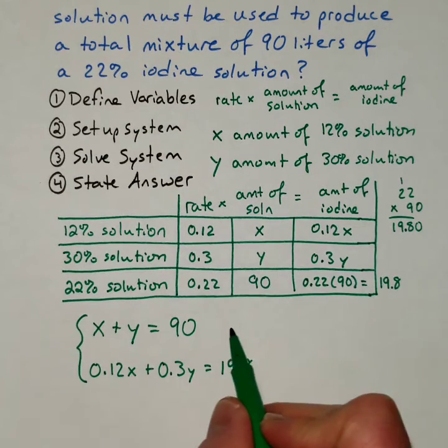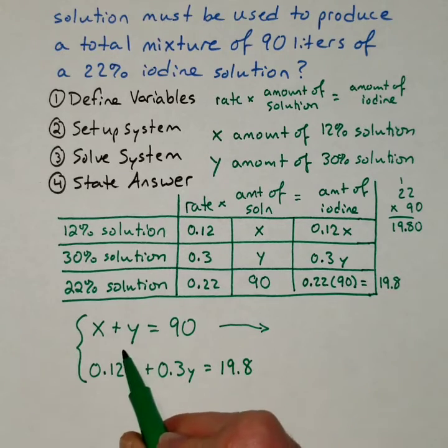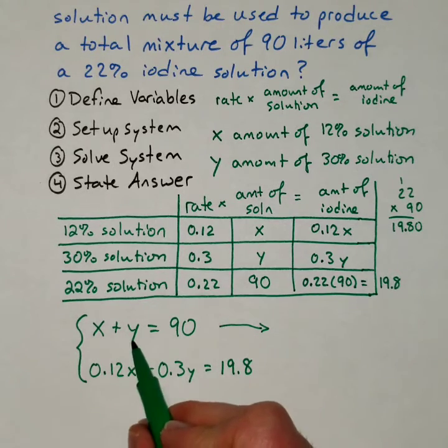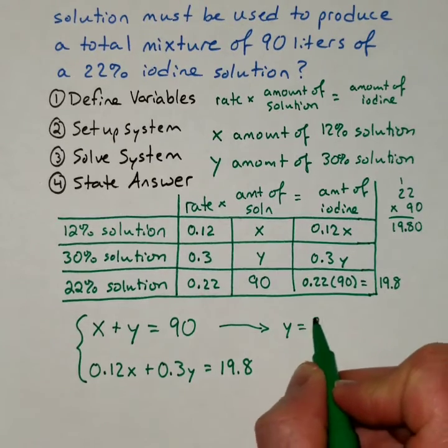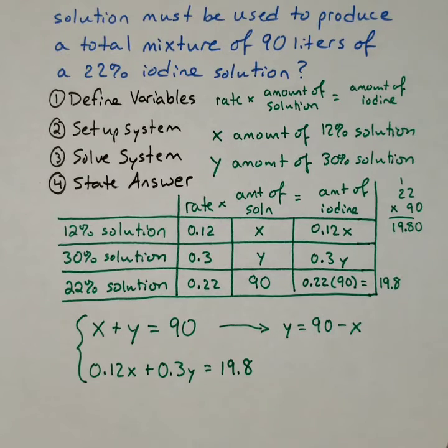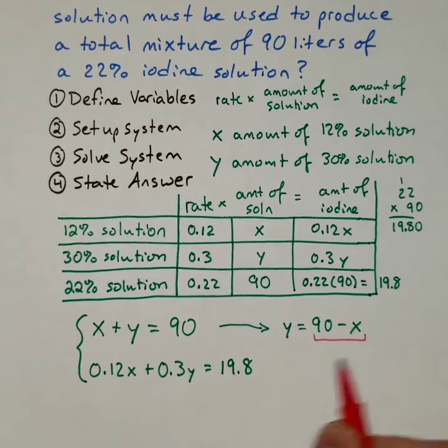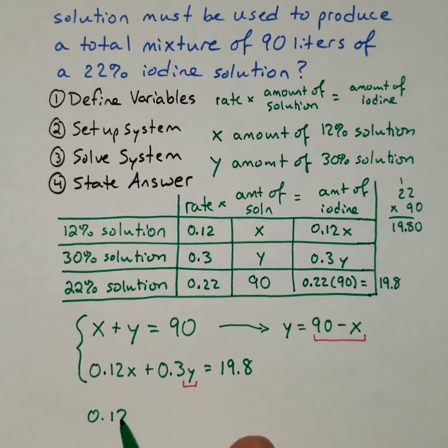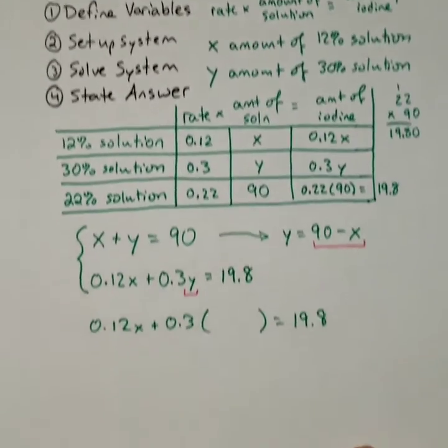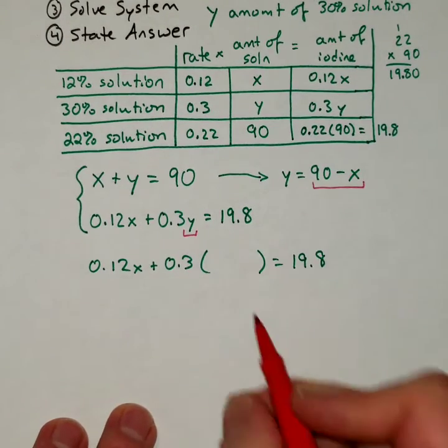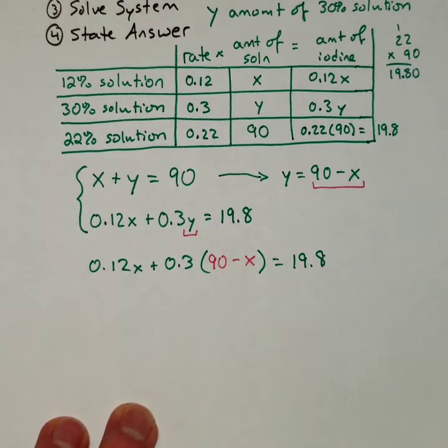Typically, the substitution method will work. I'm going to subtract the x from both sides and solve for y, because I think it'll be nice to plug that in here. So y equals 90 minus x. And I'm going to then substitute 90 minus x in for the y in the other equation. So this becomes 0.12x plus 0.3 times that new expression, 90 minus x, equals 19.8.